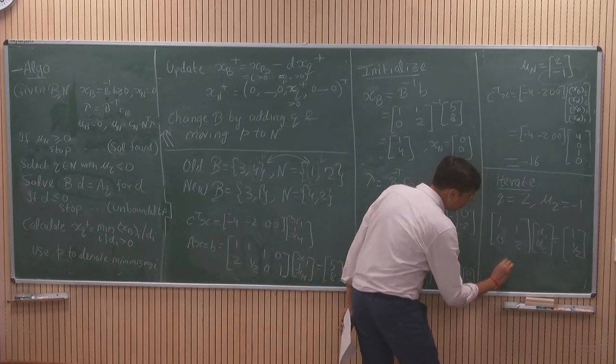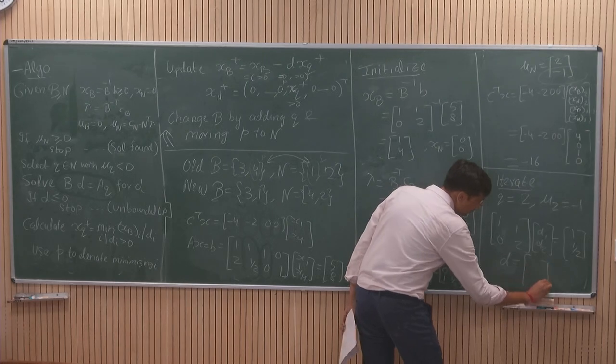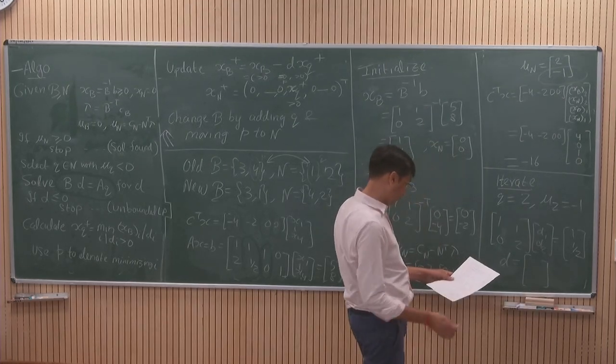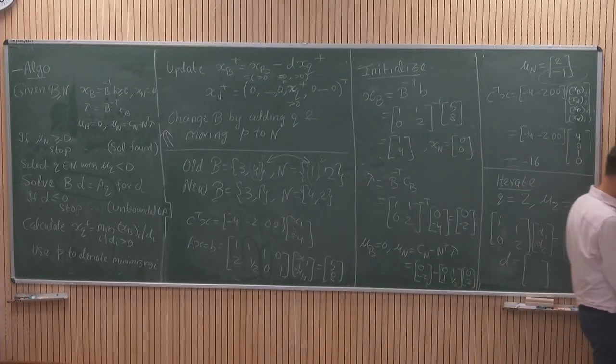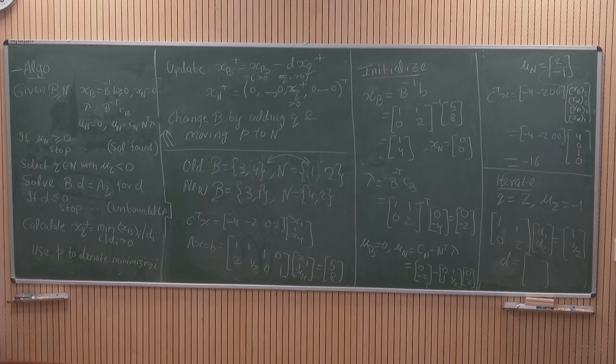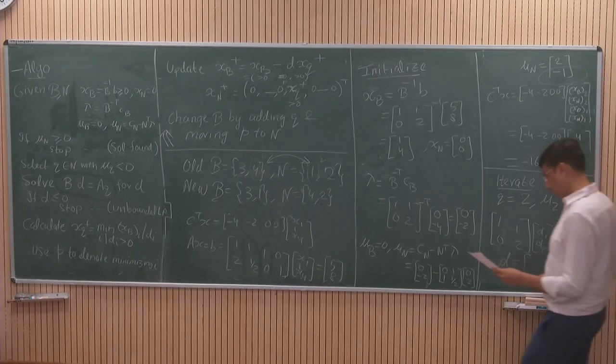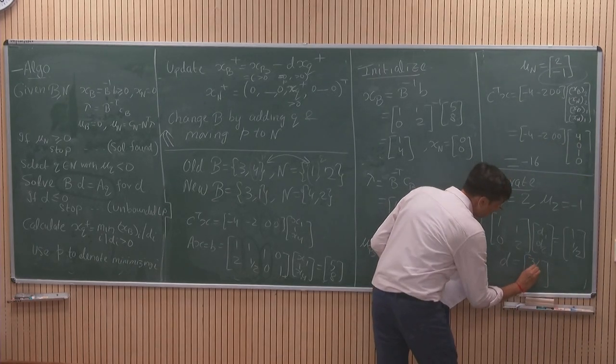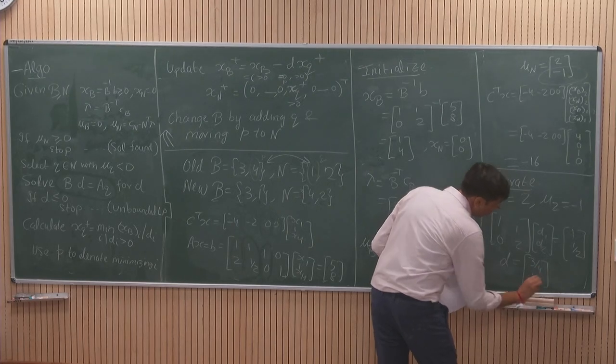I'm going to solve for this. So I'll get D as 3 over 4 and 1 over 4.